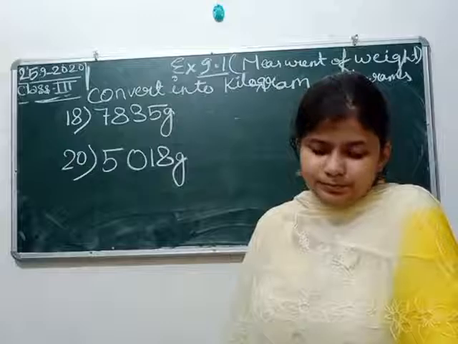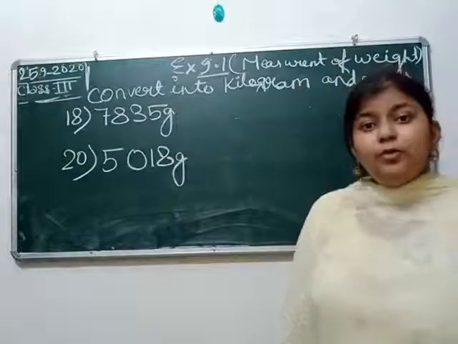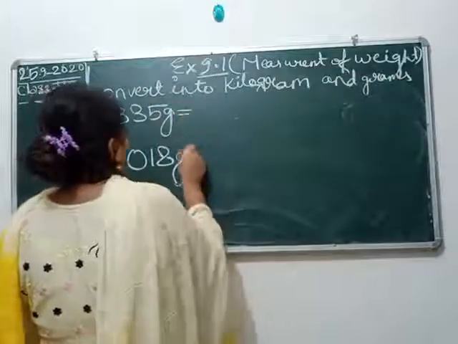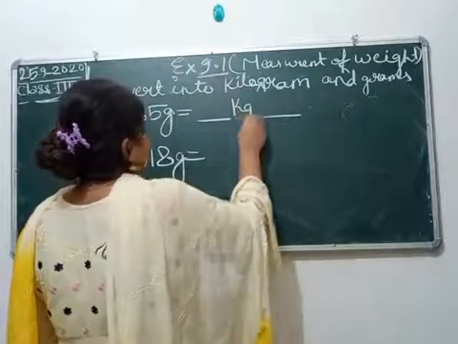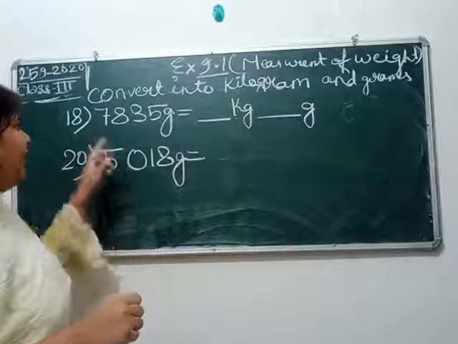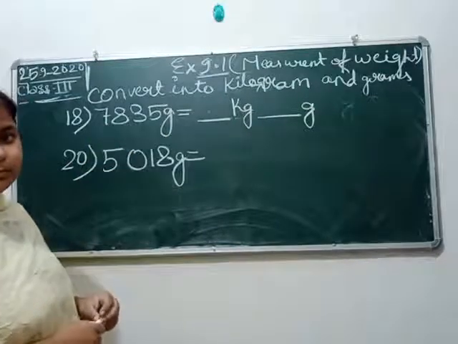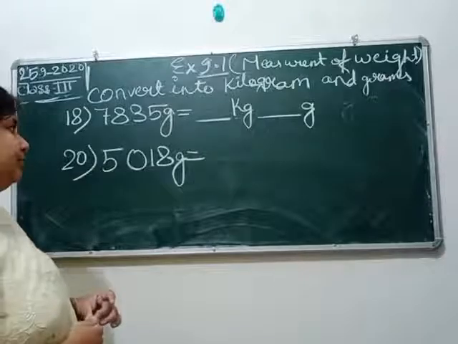Completed? First of all, what will we do? We will make two blanks. First blank and second blank. Here we will write kg and here we will write gram. Now we are having 7,835 gram.